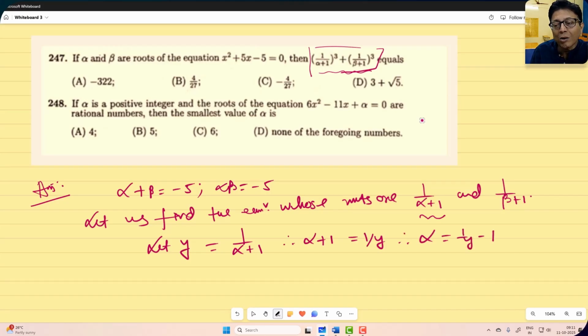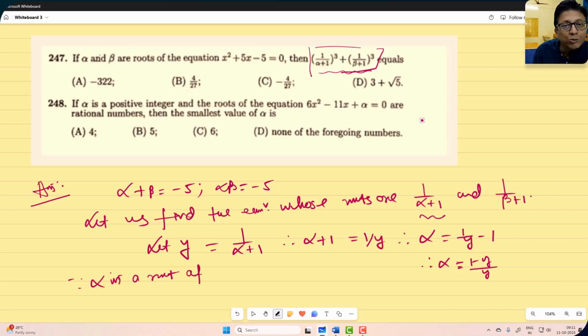Alpha is 1 by y minus 1. So alpha is (1 minus y) divided by y. Since alpha is a root, same method, hope you are doing it with me.